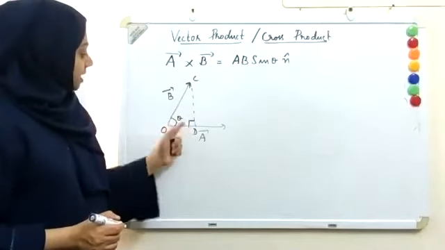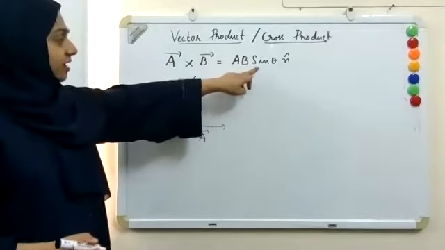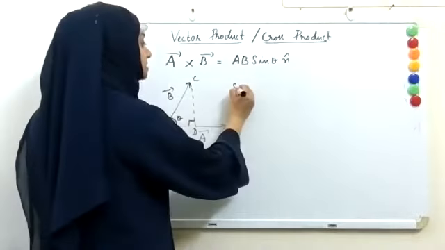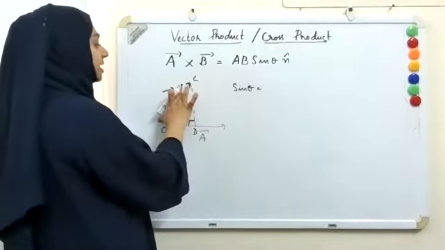Now, when I take sine theta, we have here sine theta, right? So sine theta is equal to opposite side by hypotenuse.